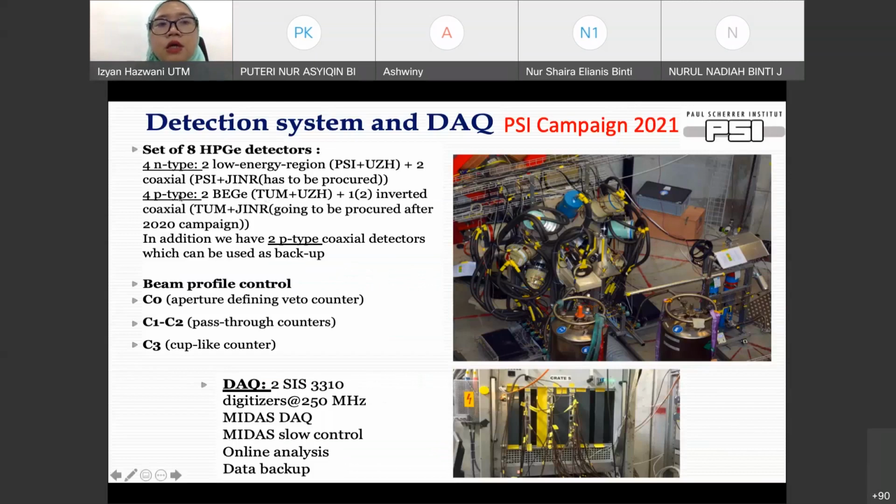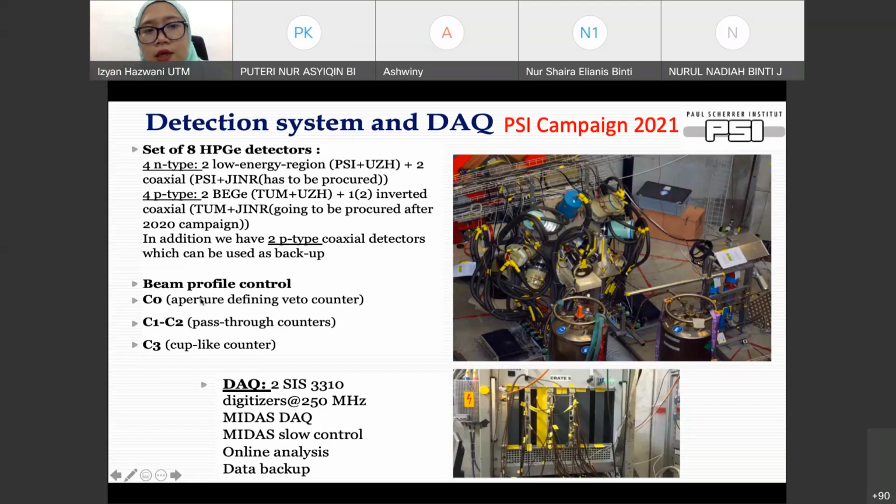In this experiment we are using 8 germanium detectors, 4 N-type and 4 P-type. We did not borrow them, but we just lent them from our collaborators from PSI and the University of Zurich.